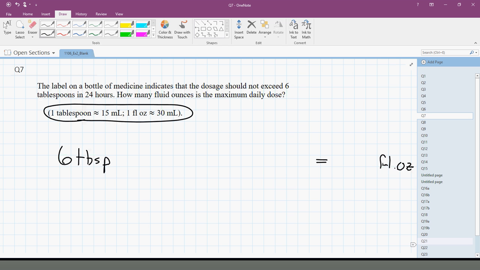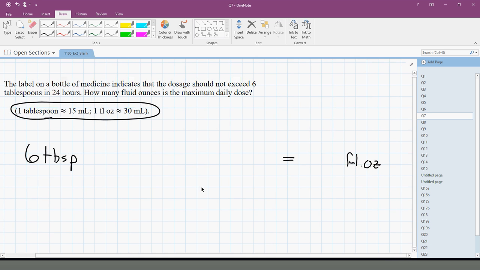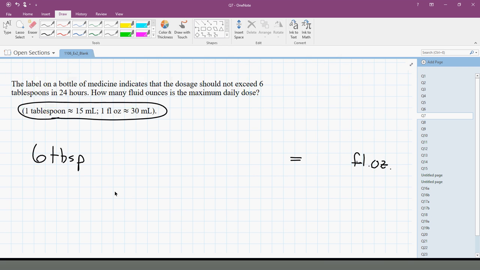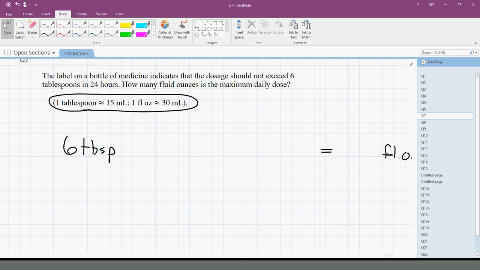All right. So, we'll just slide it over. That's better. All right. But because I give you two conversions, do you think that we're going to have to use both of them? Yes. Yeah, that's what I was trying to get at earlier.